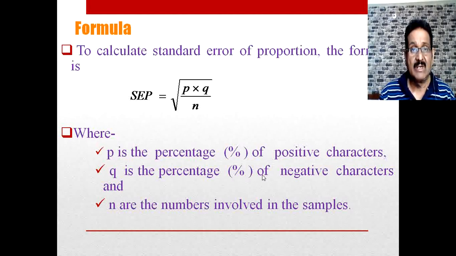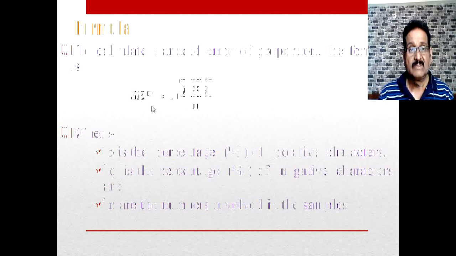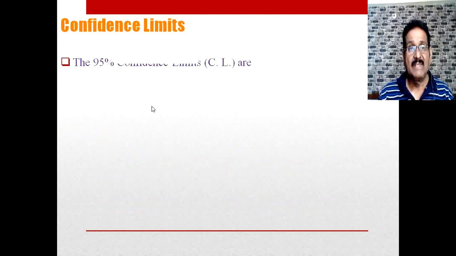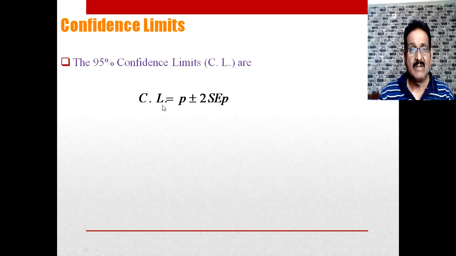So the formula is very simple to learn, as SEP, the notation we are using. Sometimes we also use the small p here. So confidence limits: 95% confidence limits are given by confidence limit equal to P plus minus 2 times standard error of proportion.